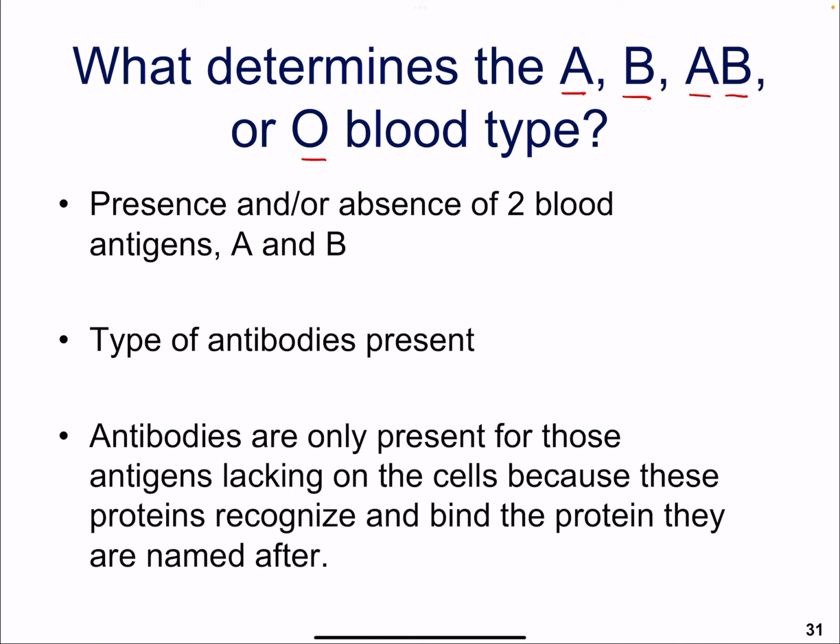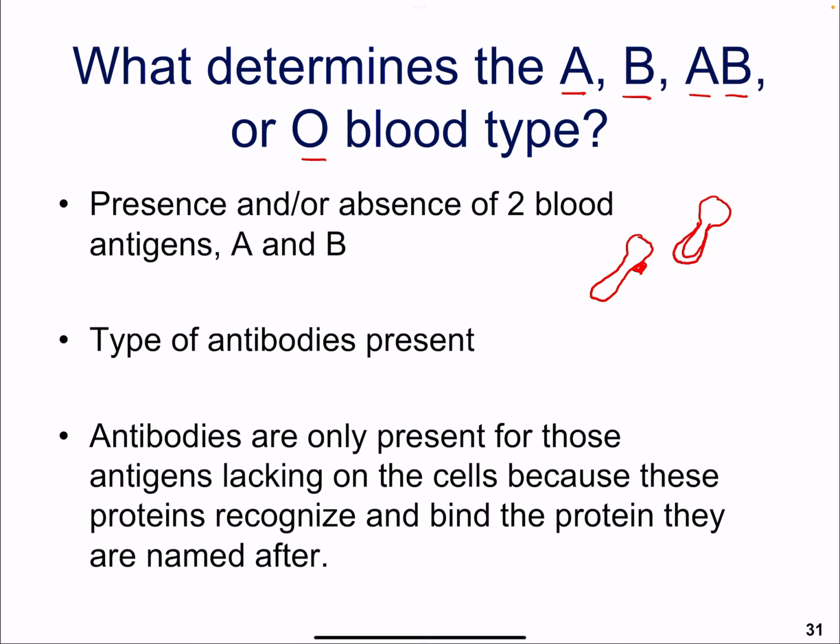But what is the difference? The difference is that blood type A people are going to have on their red blood cell surface markers that we are going to call A. Blood type B people are going to have, this is not a really good red blood cell, I'm sorry.